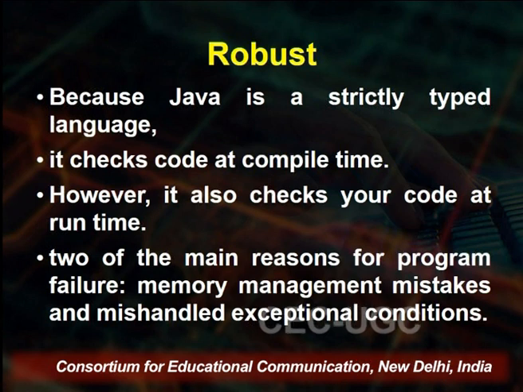The two main vulnerable areas are, one, the memory management mistakes which are generally made by a programmer, and another one, the mishandled exceptional conditions. For both of these two, Java has its own provisions.